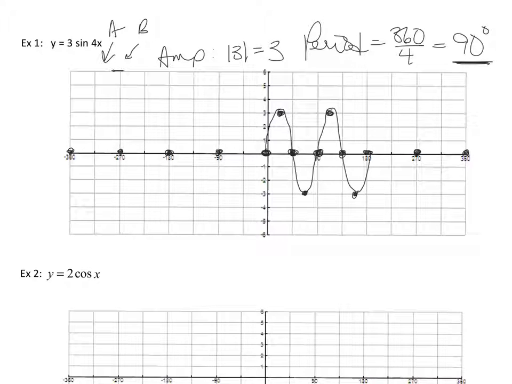Again, between these 2 x-intercepts, 180 and 270, I'm going to have another x-intercept. Then between these 2 points, we hit a high point at 3. Between these 2 x-intercepts, we hit a low point at -3. So again, I just keep repeating this over and over.